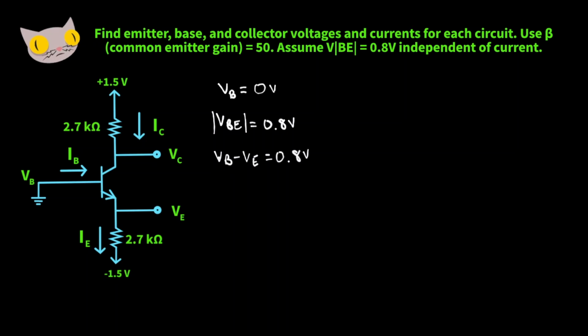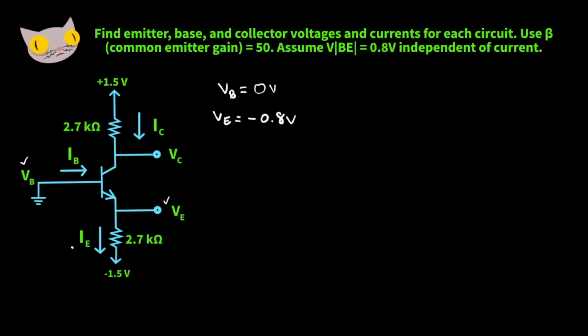We're going to have V sub B minus V sub E is equal to 0.8 volts. VB is 0 minus V sub E, 0.8 volts. So the voltage at the emitter pin, that's this one here, is equal to negative 0.8 volts. So we found VB and VE so far.